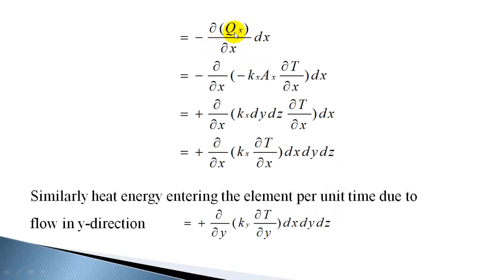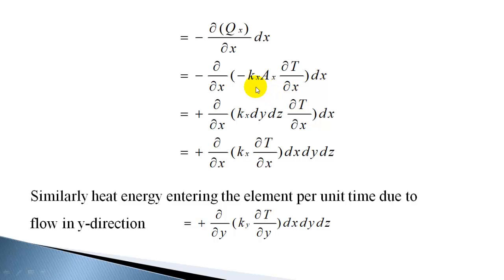Now what is qx? Qx is the heat conducted into the element at the left face. You can write it as minus kx ax del t by del x by Fourier law, k dt by dx, but I have used a partial derivative because the temperature is changing in x, y and z directions.